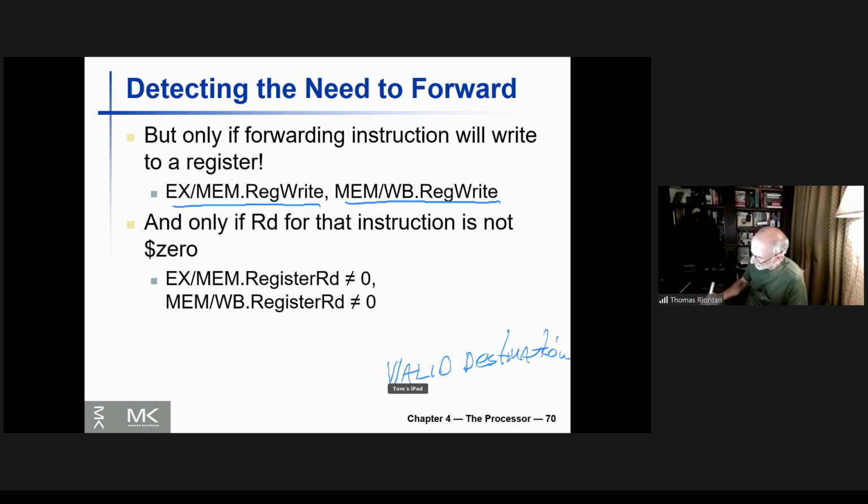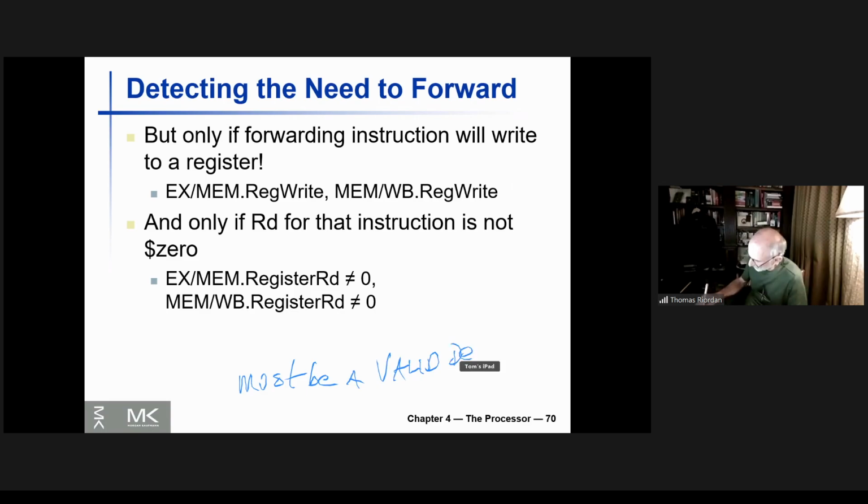It must be a valid destination. If it's not a valid destination, in other words, if it's not an add or a subtract or something that has a valid destination, then you don't want to bypass from it, because that means the value sitting on that bus isn't something that you've computed and need to bypass.